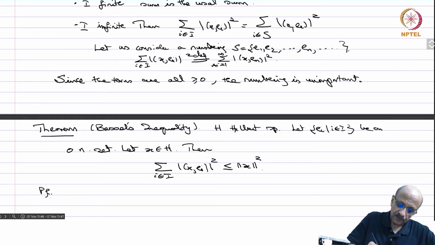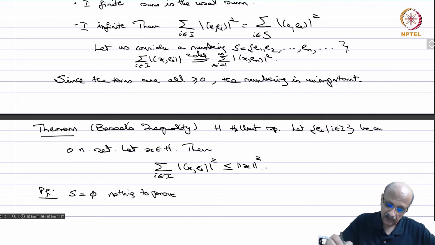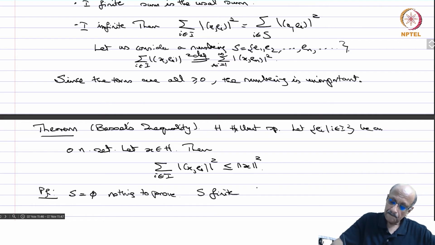So proof: if S is empty, nothing to prove. The sum is 0 and therefore 0 is less than or equal to norm x square. This is a triviality. If S is finite, already proved.